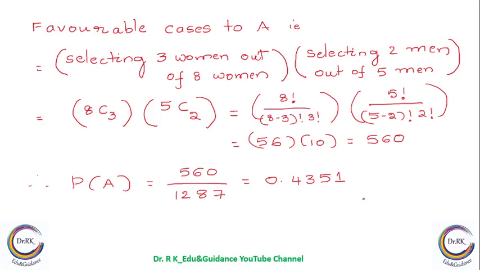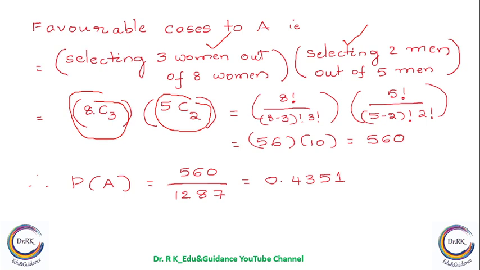Now coming to the numerator, that is event A, which is nothing but selecting 3 women out of 8 and 2 men out of 5 men. Selecting 3 out of 8 can be done in 8C3 ways, and selecting 2 men out of 5 can be done in 5C2 ways.